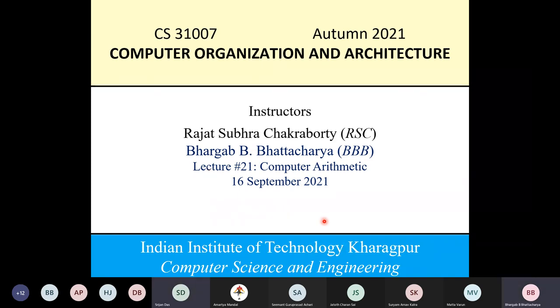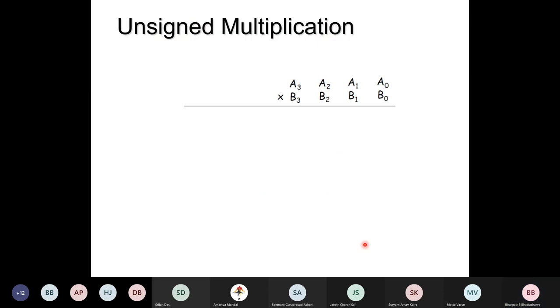So in the previous class, we were talking about computer arithmetic. I would like to finish multiplication today. We started discussing one algorithm for multiplication. You remember the school level algorithm, right?